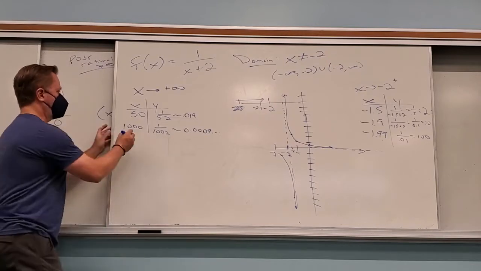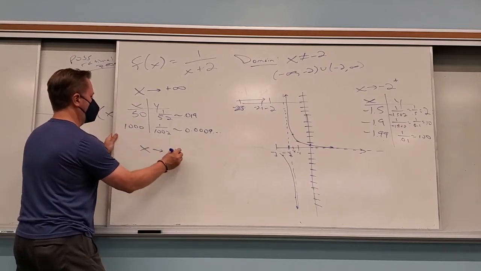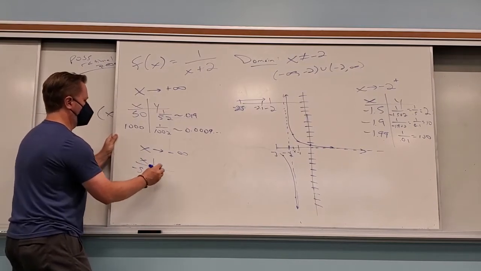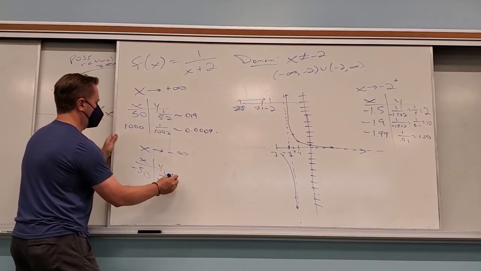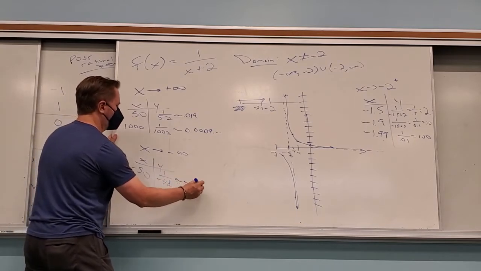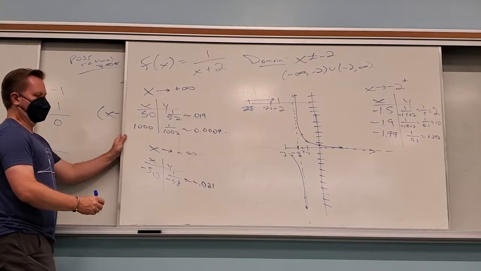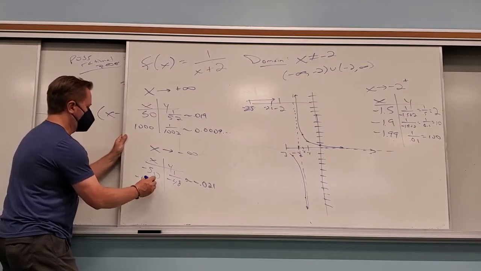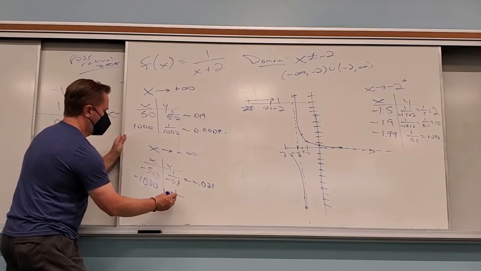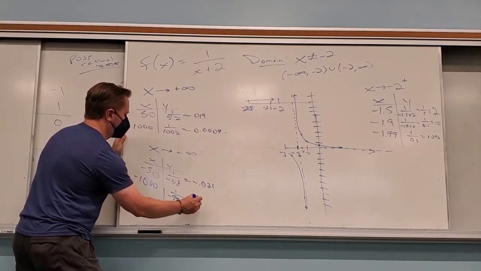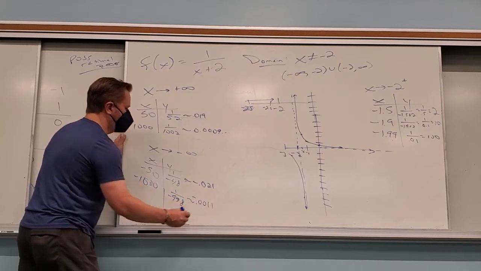And the same thing's going to happen if I let x go to negative infinity. So if I put in negative 50, that's going to be 1 over negative 48, which is like negative 0.02 something, I think. Again, you can check me. If I put in negative 1,000, I'm going to get 1 over negative 998, which is about negative 0.0011 maybe, something like that.